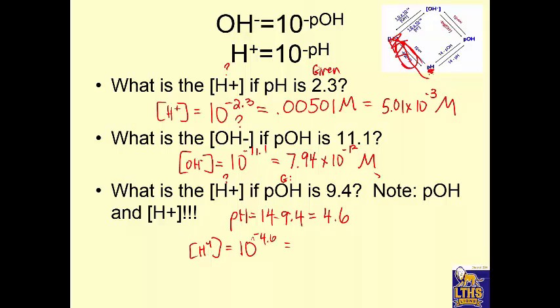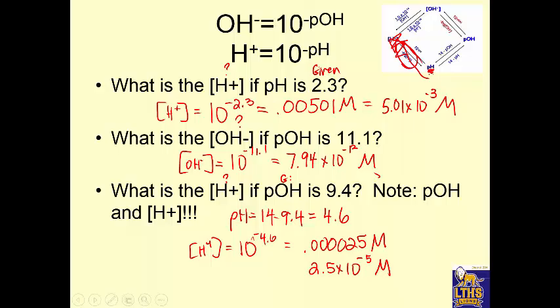Then you hit the caret button to get an exponent, and then you put the negative sign, then 4.6. So when I plug that in the calculator, I get 0.000025 molar. That's a long number to write out. So scientific notation will give us 2.5 times 10 to the negative fifth molar. Okay? So make sure you can write it either way.